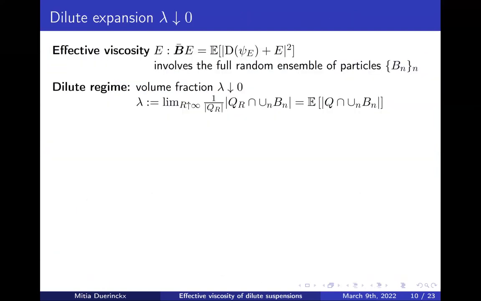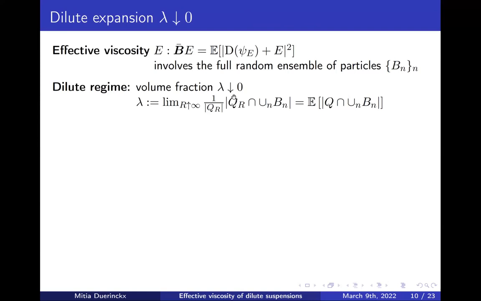And so now that we understand this notion of effective viscosity, and its definition in terms of the corrector, let me turn to the second question, which is about understanding how this behaves in the dilute regime. So how can we make an asymptotic expansion of this object when the volume fraction lambda is very small?